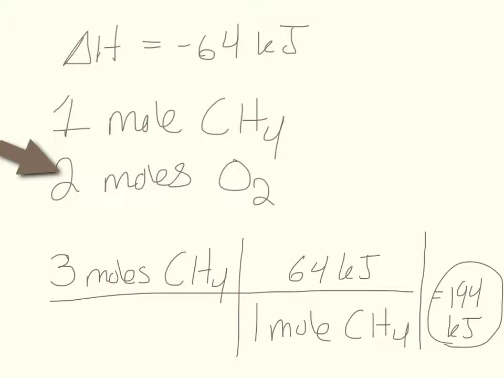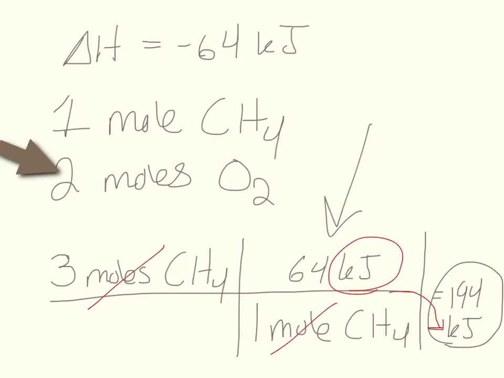This is how you solve thermochemical equations, and this here is what we call our thermochemical conversion factor for this chemical reaction, where we put the energy on top, and we put the moles and the particular chemical it corresponds to from the chemical reaction on the bottom. The benefit is that the moles cancel out and we're left with kilojoules, and we see that right here. Hopefully this little tidbit helped you.